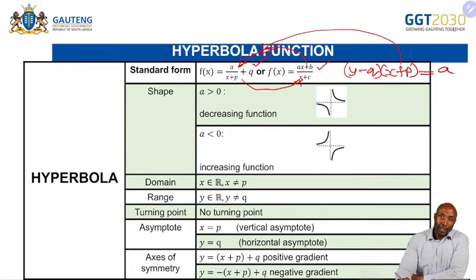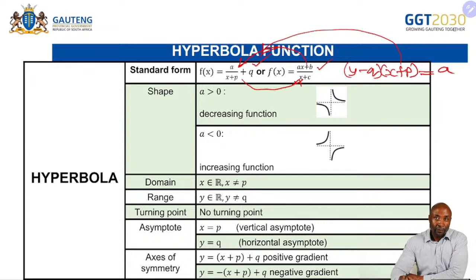Now, if you check, for a linear function, a or m, we said it represents the gradient. For our parabola, our a represents the shape. And the way we are getting the a in the given functions is different. So we have to be careful.